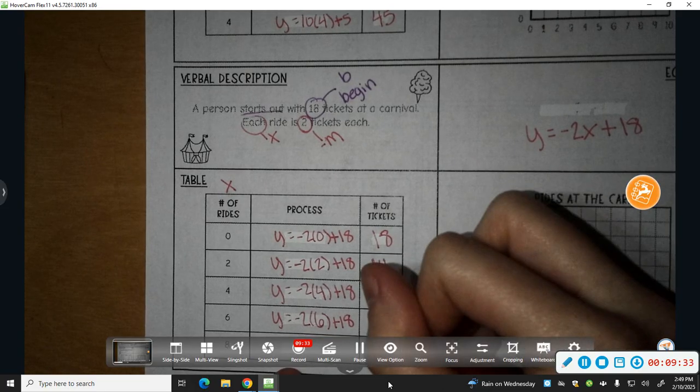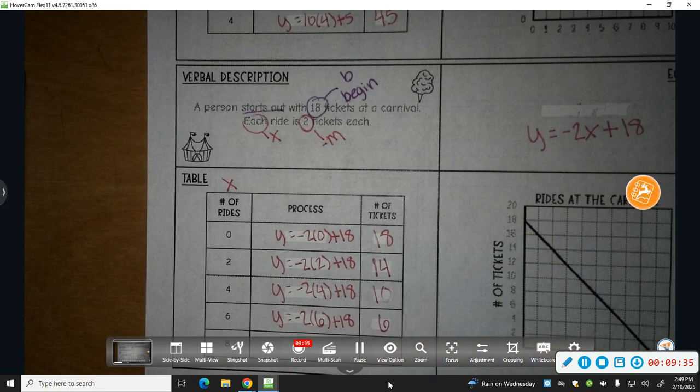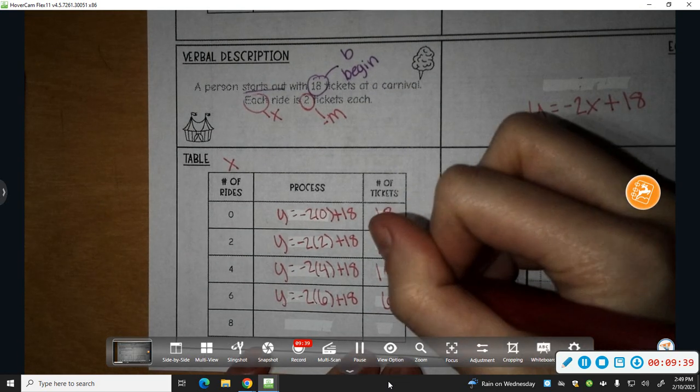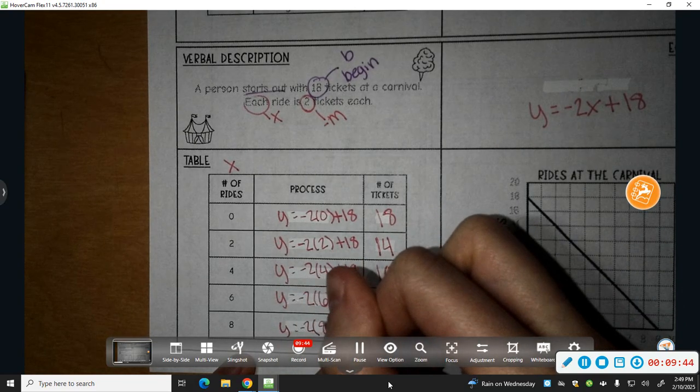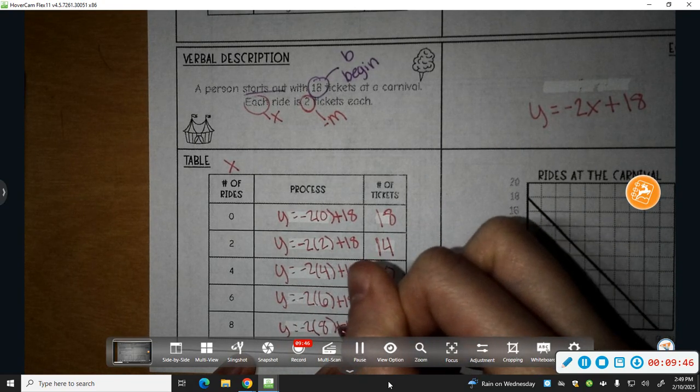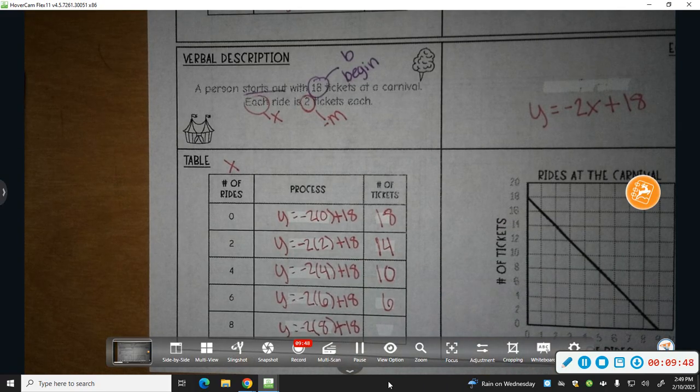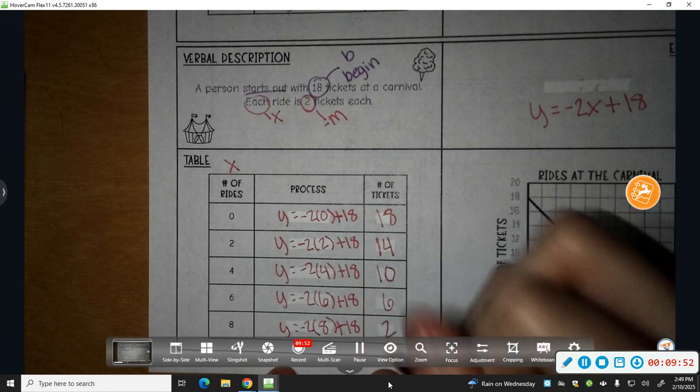Plus 18 would be 6. And for my last one, I would have y equals negative 2 times 8 plus 18. Negative 2 times 8 would be negative 16, plus 18 would be 2.